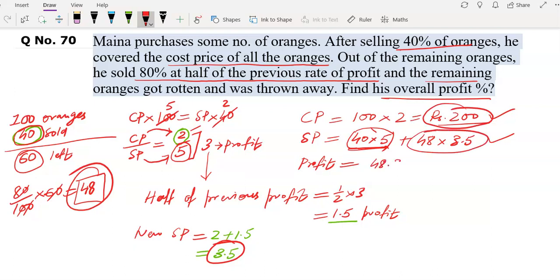So our profit is 48 into 3.5, and we need to find the overall profit percent. Profit upon CP into 100 is 48 into 3.5 upon 200 into 100. If we solve this, we will get 24 into 3.5. If we multiply this, we will get 84%. So overall profit percent is 84%, and this is our answer.